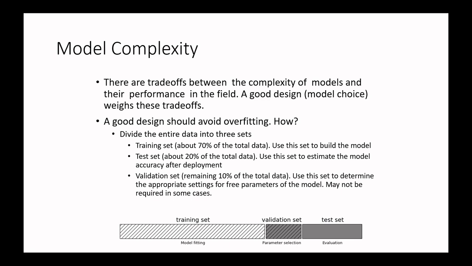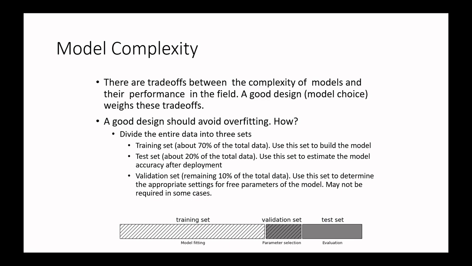So if you have 1,000 examples, you will keep aside 700 examples and say, these are the examples I'm going to use to build my model. Then out of the remaining 300 examples, you might say, I'm going to keep 150 examples for the argument's sake, or 100 examples, for what we call a validation set. And the remaining examples we will keep for the test set, all right?